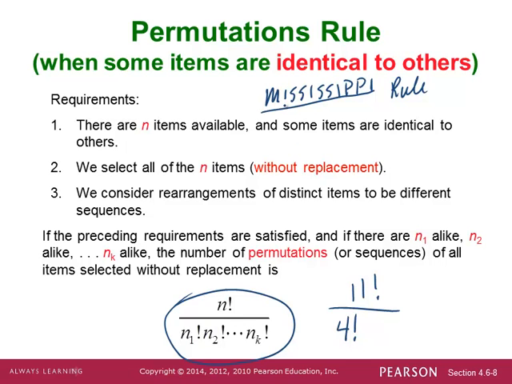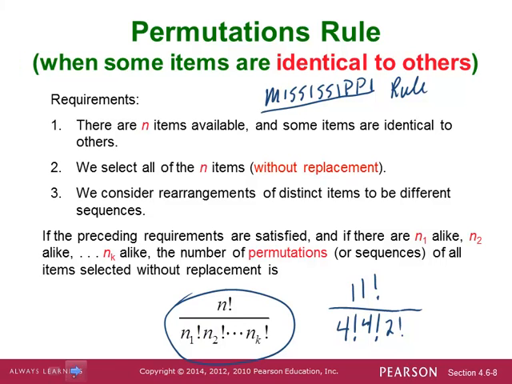And likewise, there are 4 I's, so we will also divide by 4 factorial, because there are 4 factorial ways of rearranging them, which don't matter. And there's 2 P's, and we have 2 factorial in the denominator there. We have 1 M. We could divide by 1 if we want, but that won't change anything. Okay? And 11 factorial over 4 factorial, 4 factorial, 2 factorial.